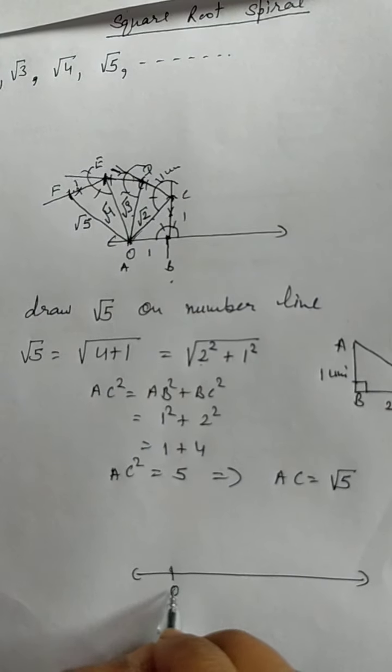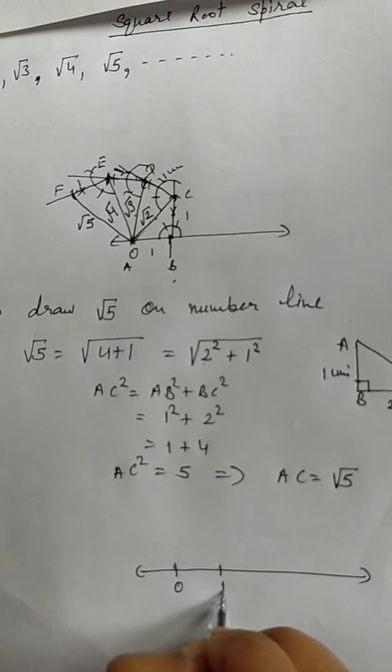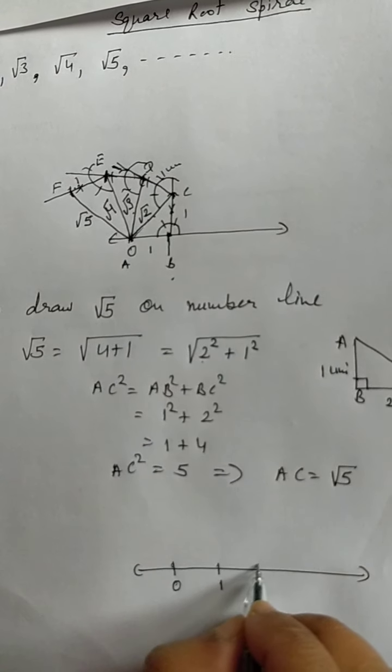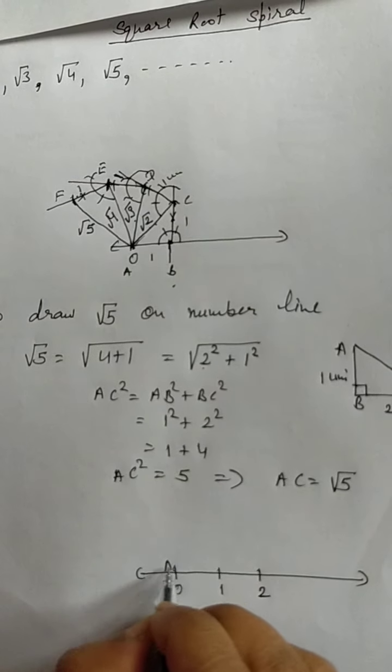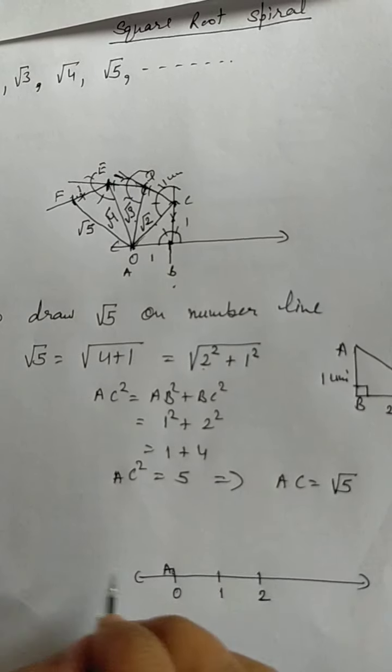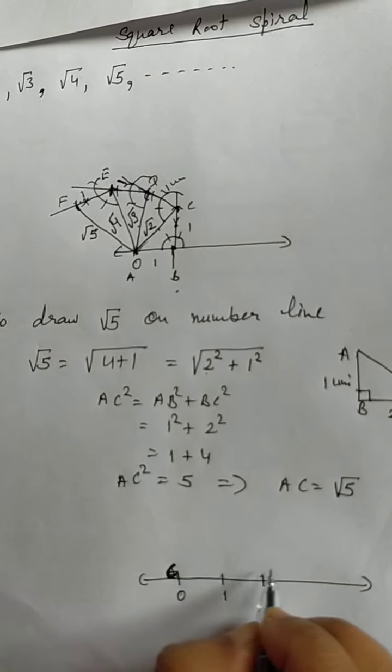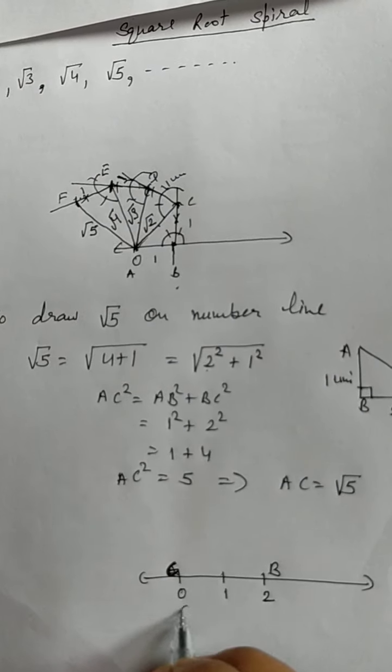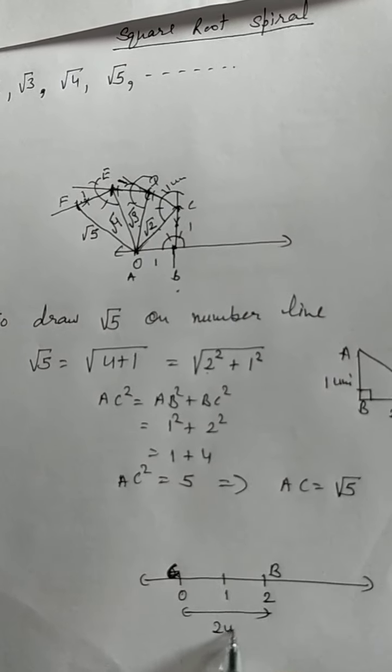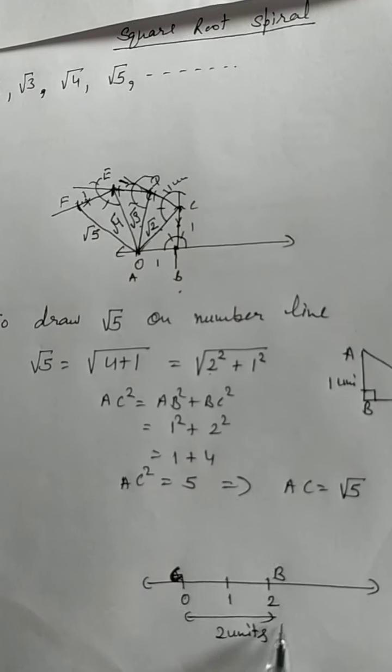Then suppose you mark 0, at some distance you mark 1, at equal distance you mark 2. Suppose this point is C and this point is B. Now this CB distance is 2 units.